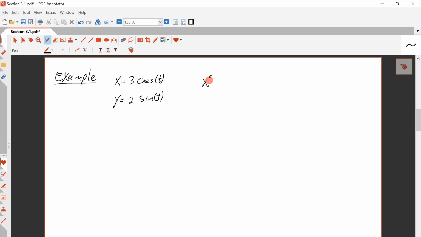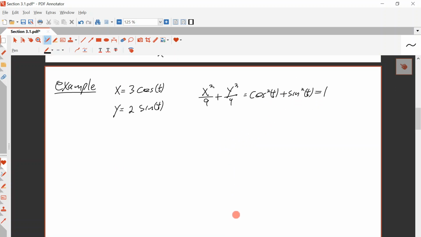Notice that x squared over 9 is equal to cosine squared t, right? And then if I add to it y squared over 4, you get sine squared t. Right, so x squared over 9 plus y squared over 4 is cosine squared plus sine squared, which is just 1.